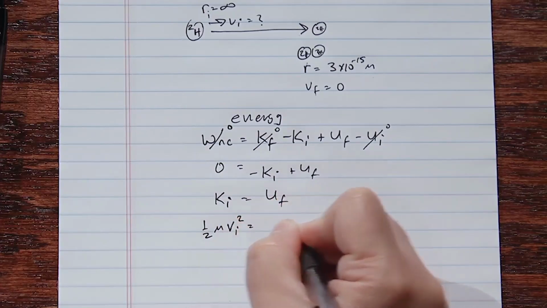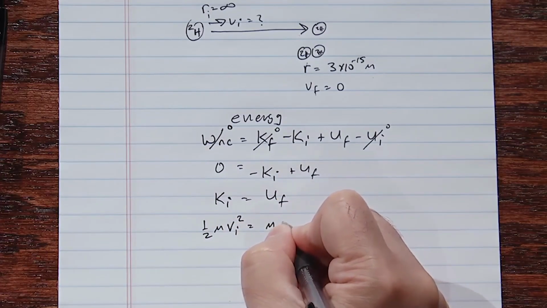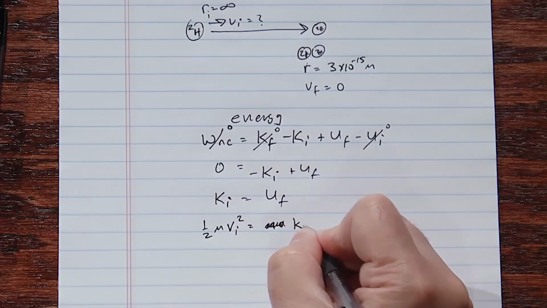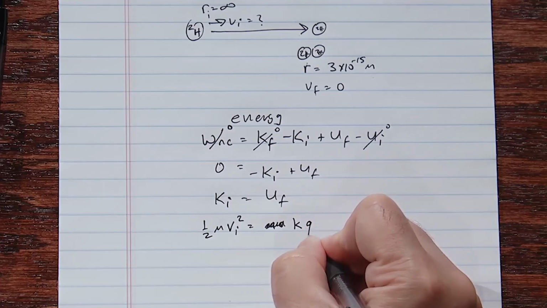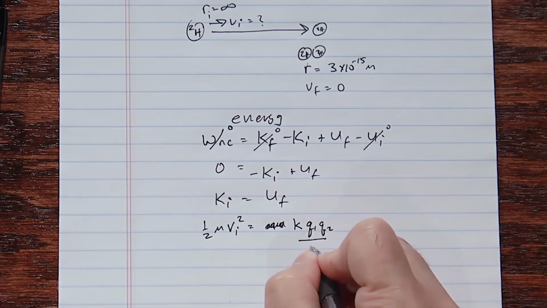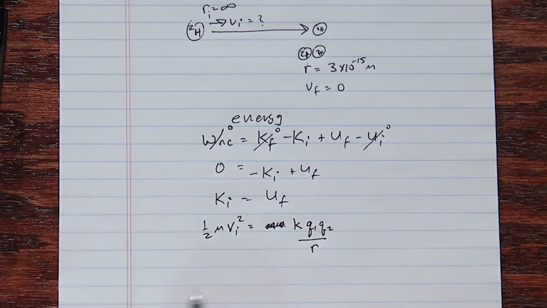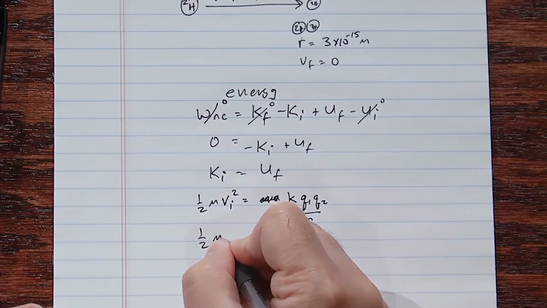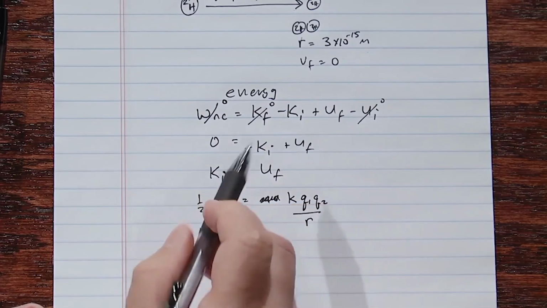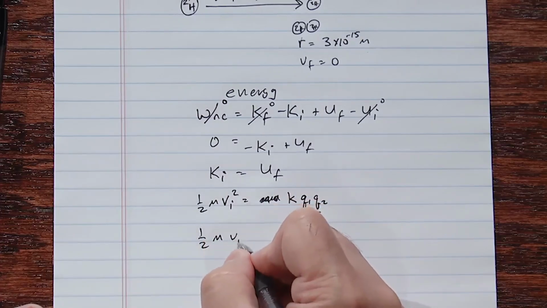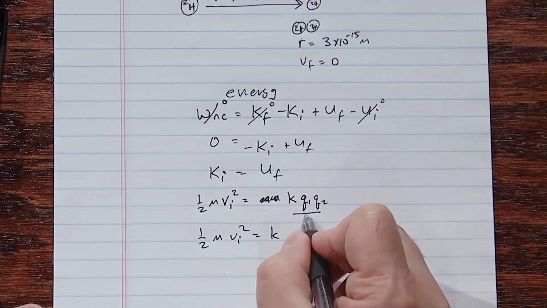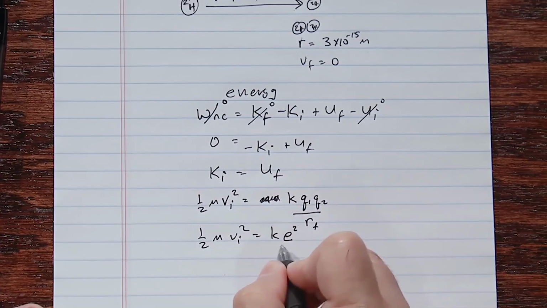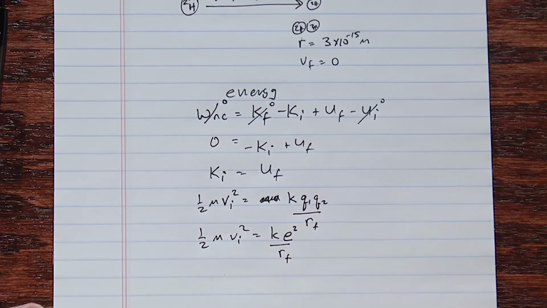mV initial squared is equal to K times Q1, Q2 over R, or 1/2 the mass of the hydrogen 2 times V initial squared is equal to K, and that'd be R final, times the elementary charge squared divided by R final.